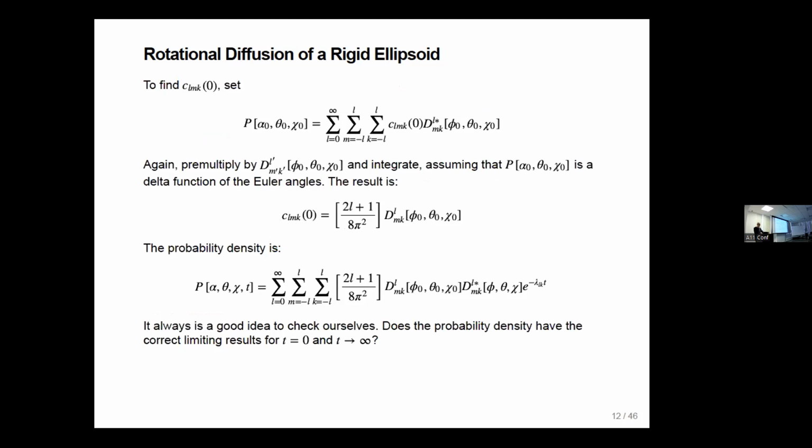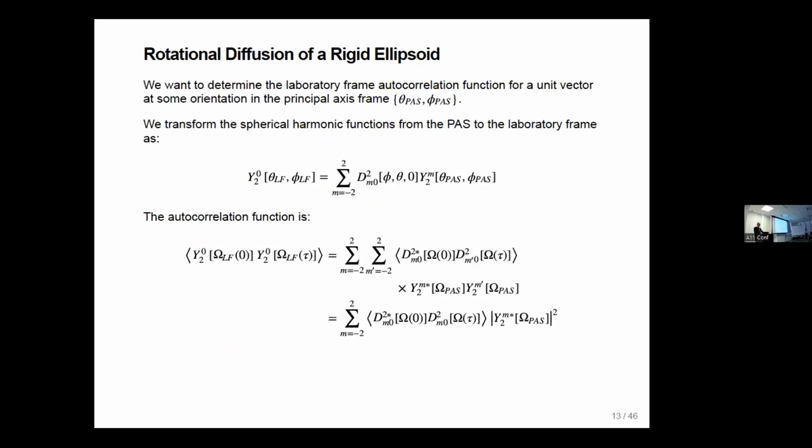And at the end, we have an expression for the autocorrelation function for the principal axis system of the Hamiltonian.